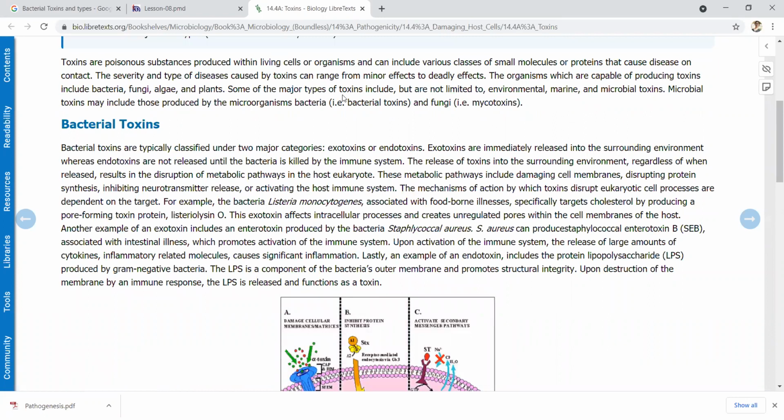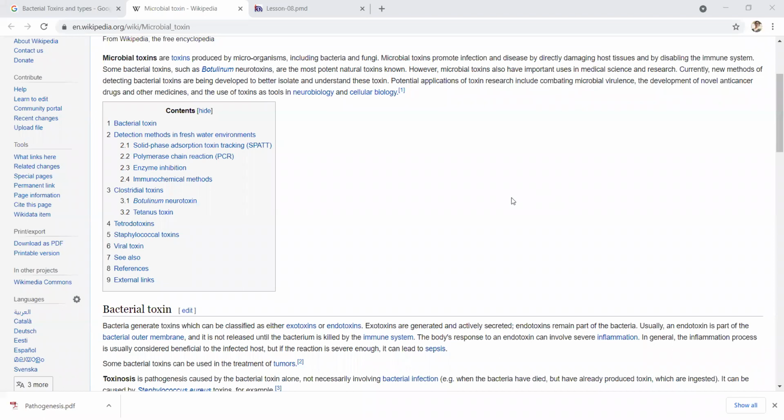Now I've already told you that microbial toxins are toxins produced by microorganisms, and that may be bacteria and fungi. Since toxins are the virulence factor of the bacteria, they promote infection and disease as they directly damage the host tissues and disable the immune system.